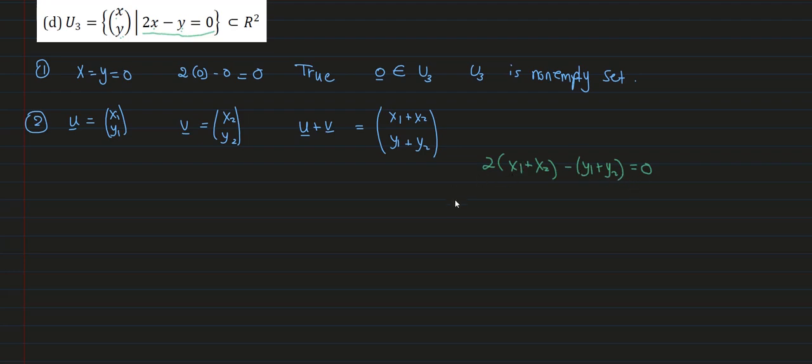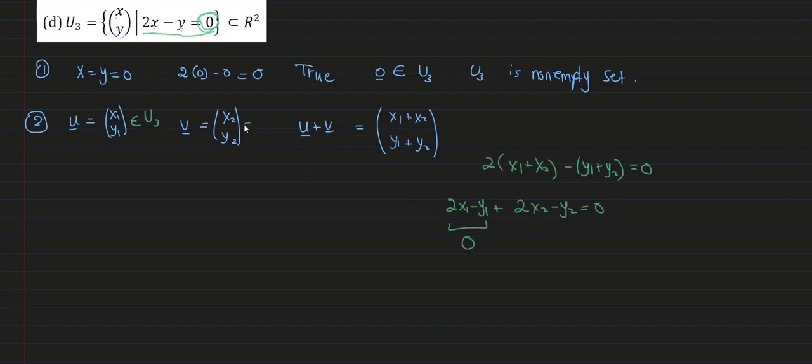Now let me rewrite it in a form such that 2 times x1 minus y1 plus 2 times x2 minus y2 equals 0. What about 2x1 minus y1? We have mentioned here that U does belong to U3, right? And if it belongs to U3, it means that this condition is fulfilled, that 2 times x1 minus y1 is equal to 0.